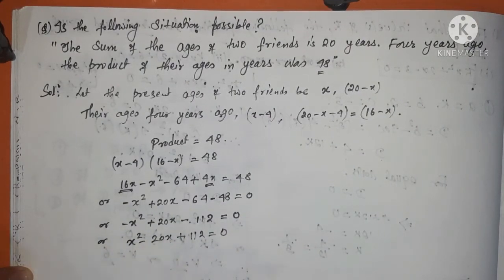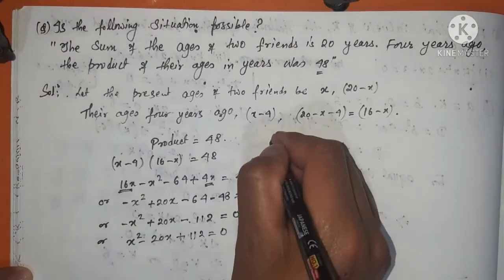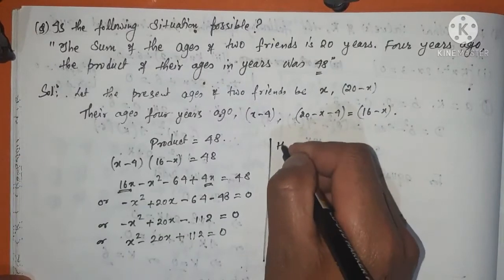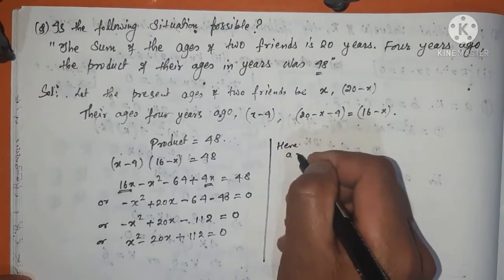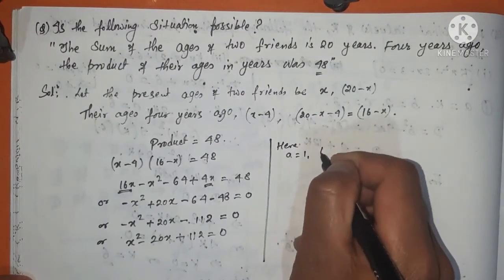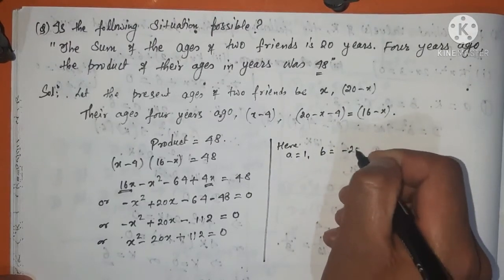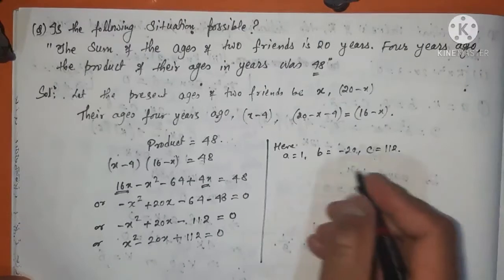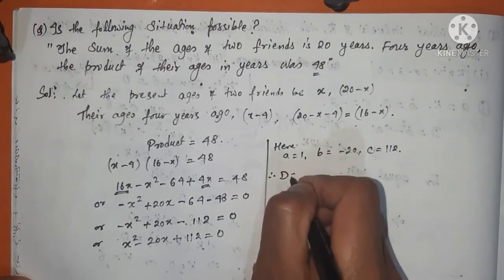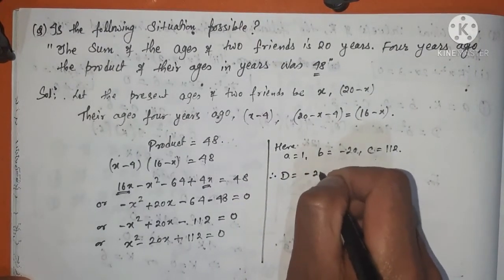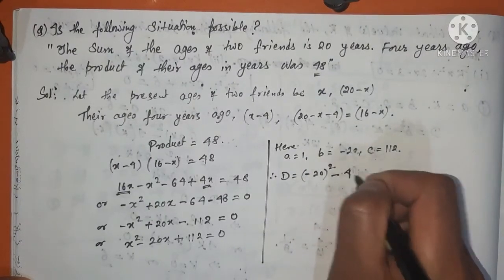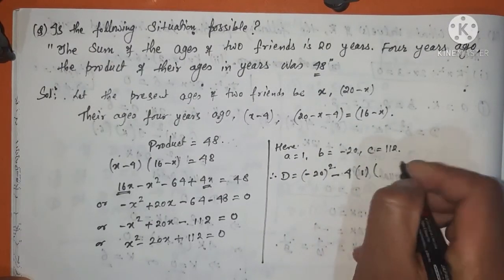So this is the quadratic equation. Here in this equation, a is equal to 1, b equals minus 20, and c is equal to 112. Therefore D is equal to minus 20 whole square, that is b square, minus 4 into a into c.